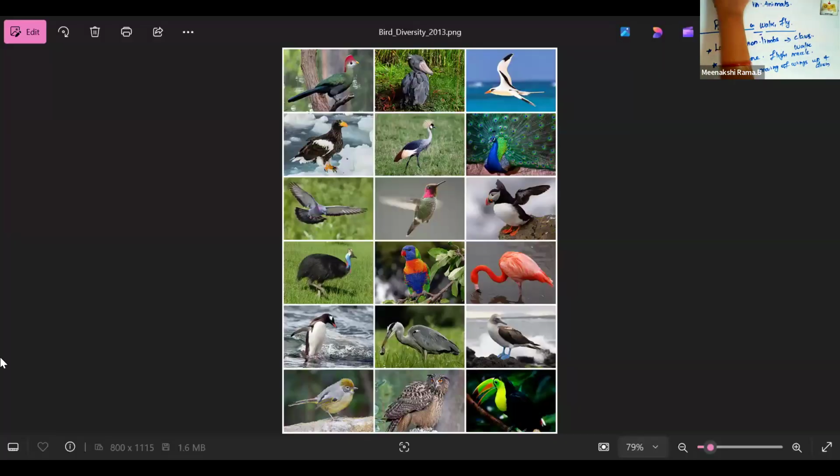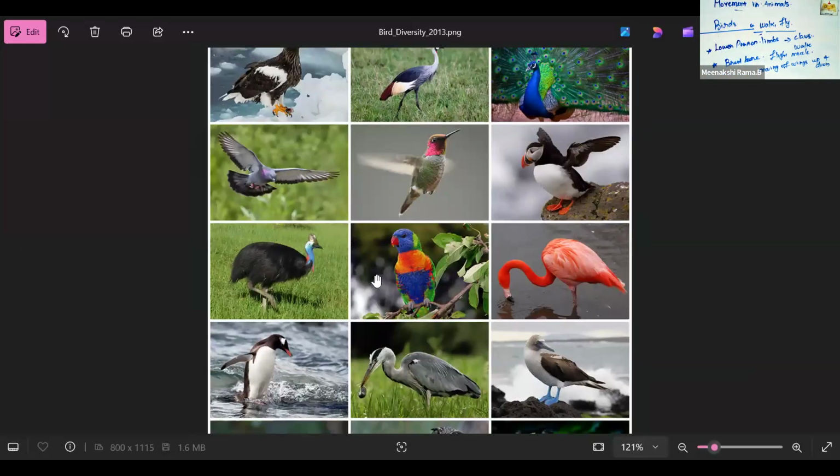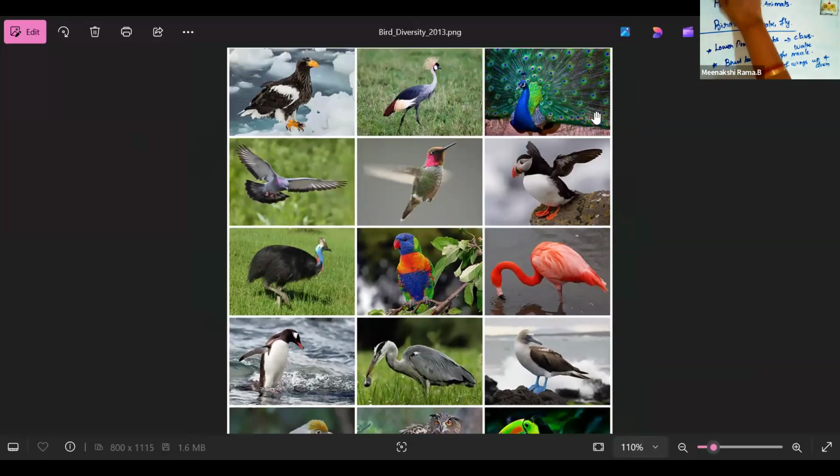Yes, these are all different birds: peacock, parrot, sparrow, penguin, ostrich, and water birds like the duck.